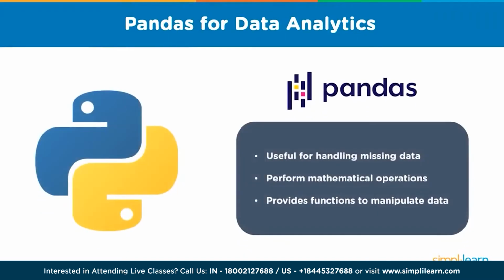Now closely tied with NumPy is pandas. It's useful for handling missing data, performing mathematical operations, and provides functions to manipulate data. Pandas is becoming huge because it is basically a data frame. And if you're working with big data and you're working in Spark or any of the other major packages out there, you realize that the data frame is very central to a lot of that.